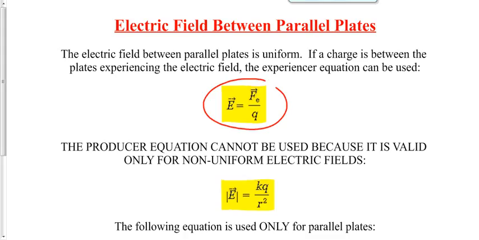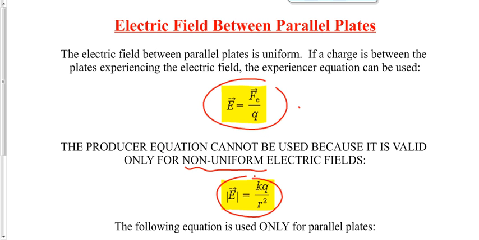The experiencer equation is valid whether it's a uniform or a non-uniform electric field. In other words, it's valid in the first diagram and the second diagram.